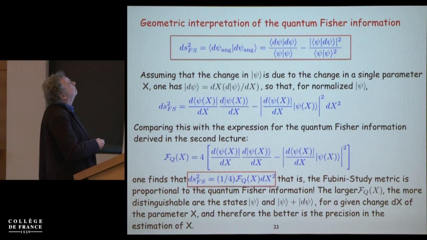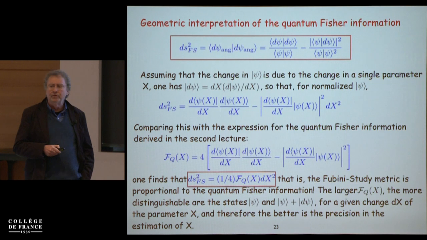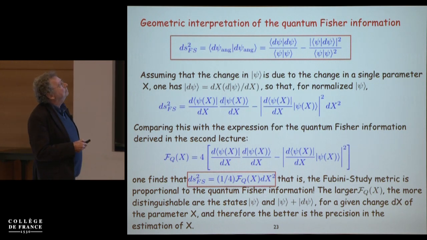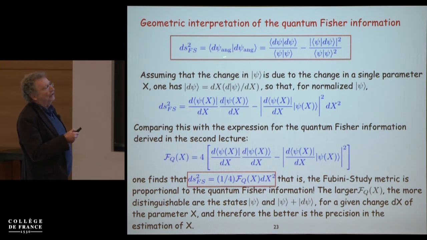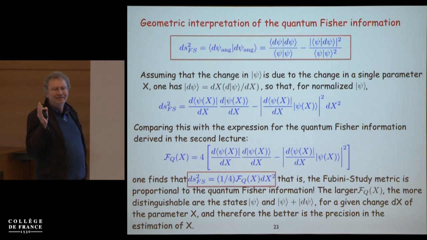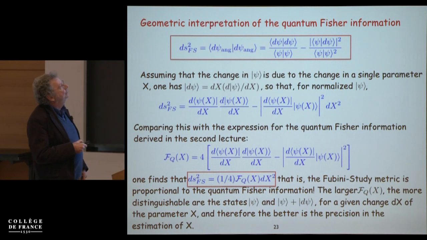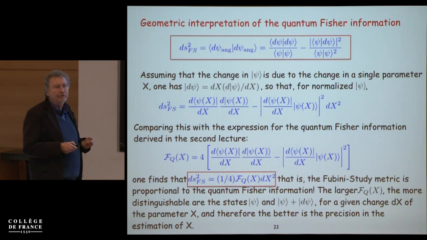Now, this leads us also to a geometric interpretation of the quantum Fisher information. Again, I repeat this expression. See, by the end of the lecture, you'll know by heart this expression. So this is the Fubini-Study differential. Now, suppose that the change in psi is due to the change in a single parameter x.